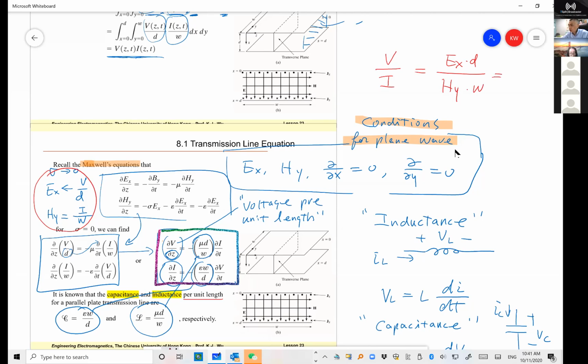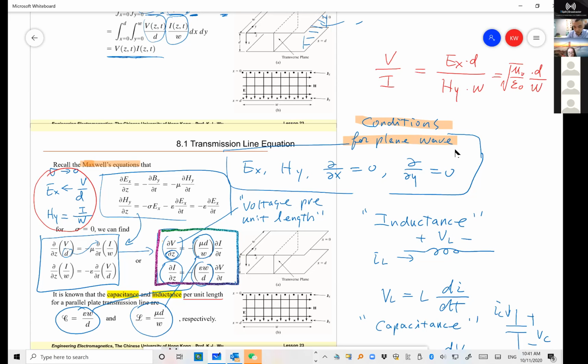So this equals the wave intrinsic impedance times D divided by W.